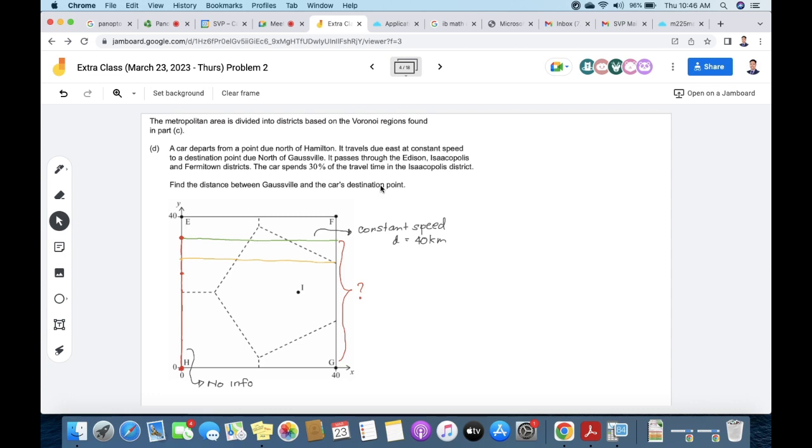So try to find out first and give a suggestion. If you cannot do it, it's fine, but try your best to find a way first. So given this information, given these visuals, how can we possibly find the vertical distance? I'll give you 3 minutes to think about it. Begin.